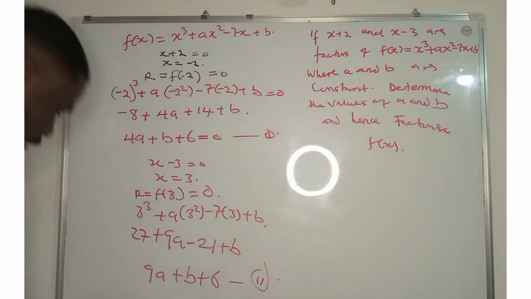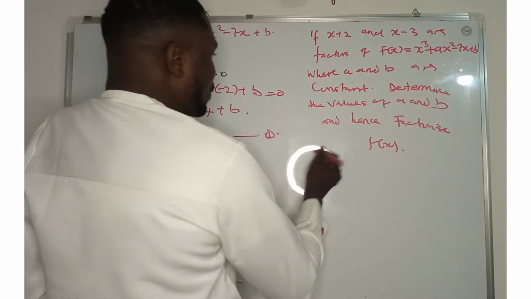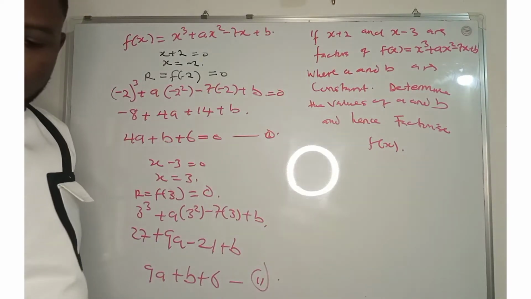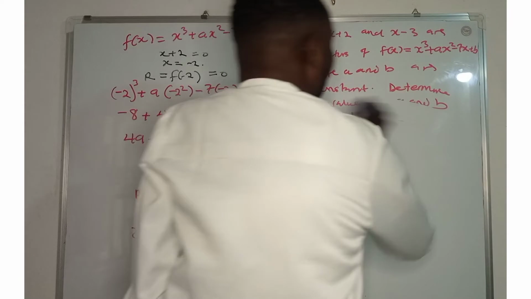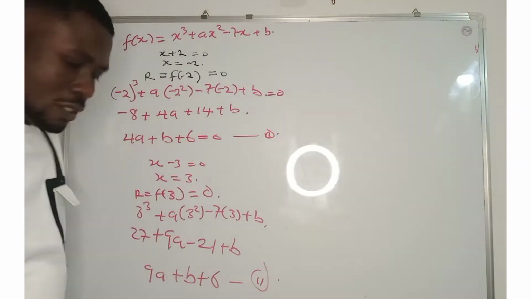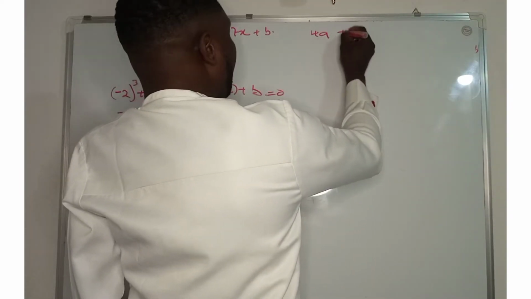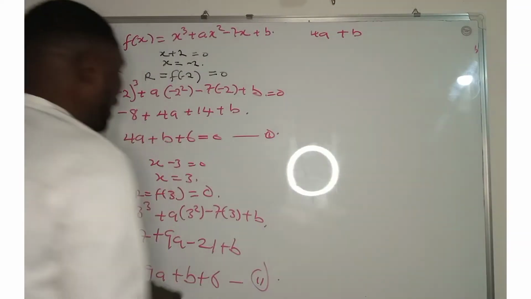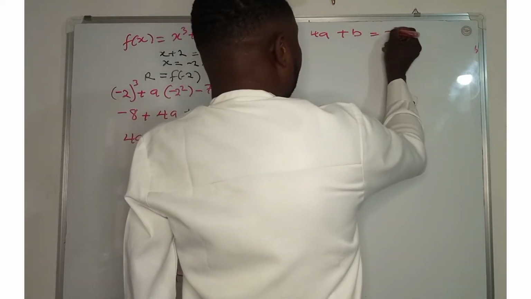So we try to solve the two equations, equation 1 and equation 2, simultaneously. Let me bring them up. Equation 1 is 4a plus b, and this 6 goes to the other side, so that will be equal to minus 6.